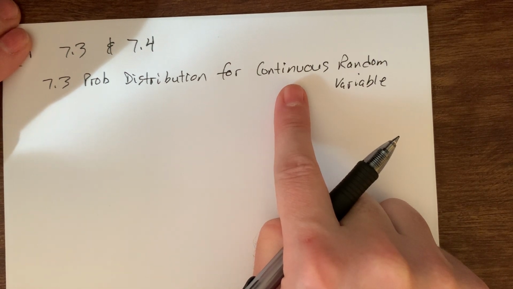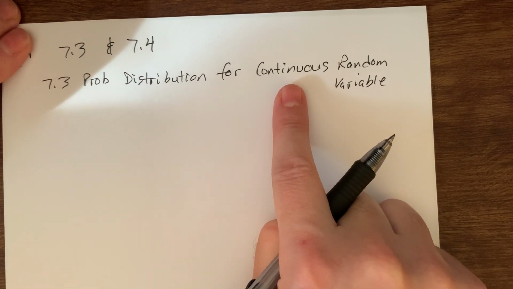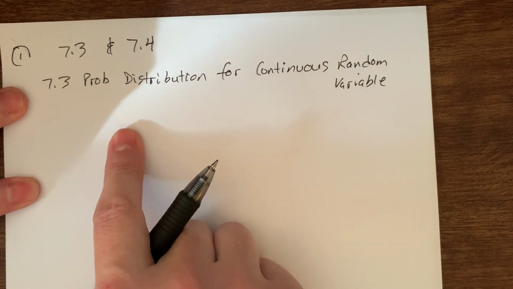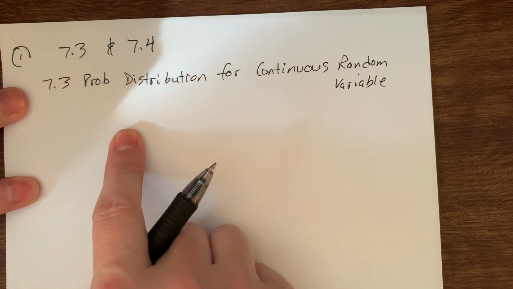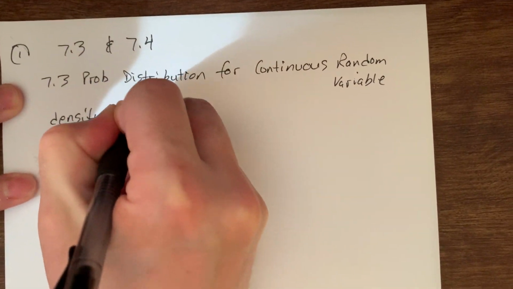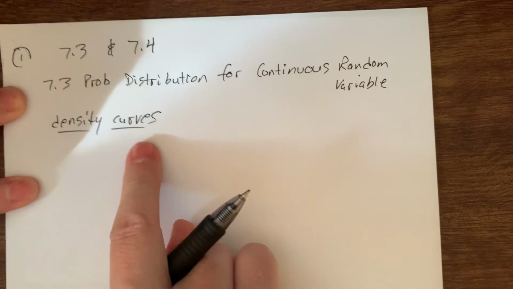Even if our interval is tiny, if you put all the fractions and decimals in, we would have an infinite number of X values. So in this situation, instead of making a P of X probability distribution chart, we look at what we call a density curve.